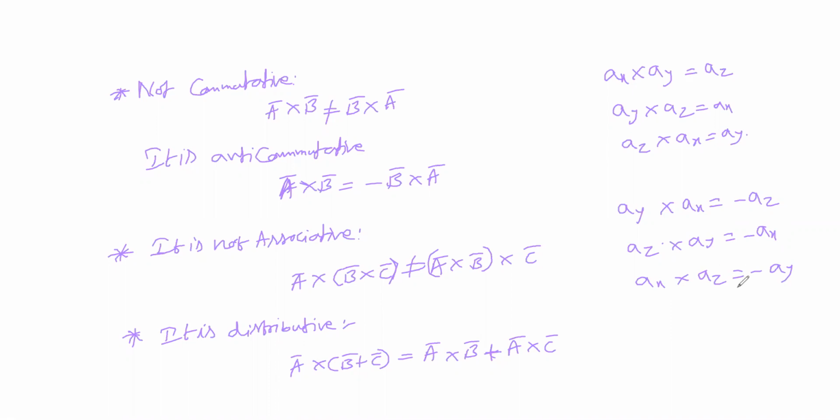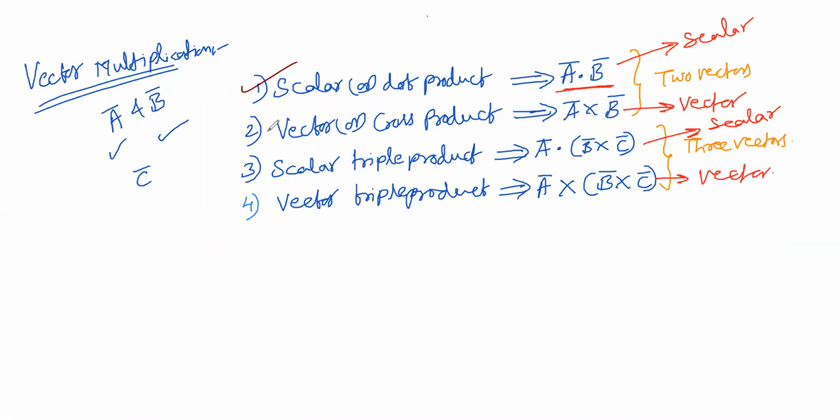This is how we get the anti-commutative law for the unit vectors. The second product, vector product or cross product, is done.